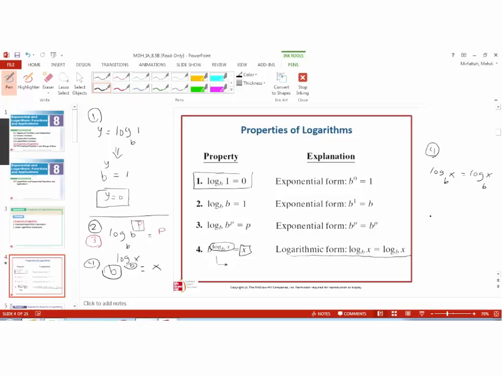So in general, if you want to remember these two properties, if I have a to the power of log of a to the power of x, or a to the power of log of x, let's just use the same variable here for the base. So the base is a.